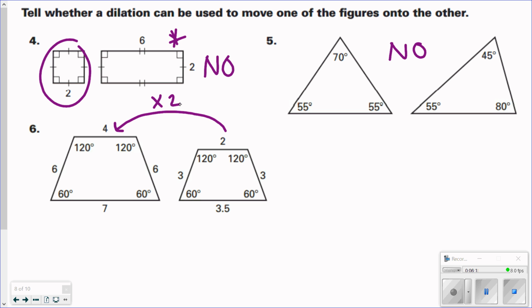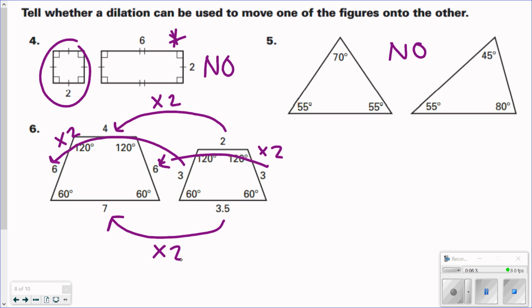Let's look at the next side. 3 to 6, is that a multiplication of 2? Yes, it is. And from 3.5 to 7, is that a multiplication of 2? Yes, it is. So a dilation did occur here.